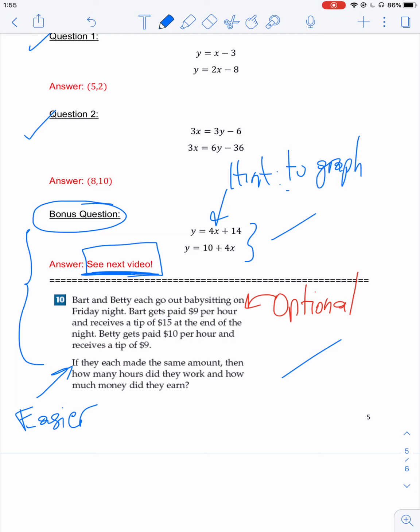Use your graphing calculator. You could also use a website called Desmos. If you Google Desmos, D-E-S-M-O-S, you can put the function in there and it will graph it for you. If you don't have a graphing calculator, maybe you will see what the problem is in this question.